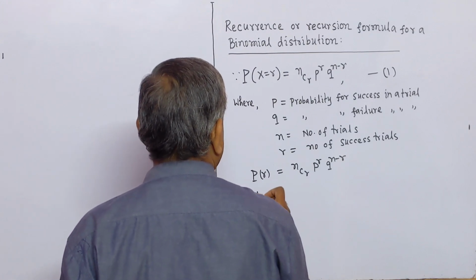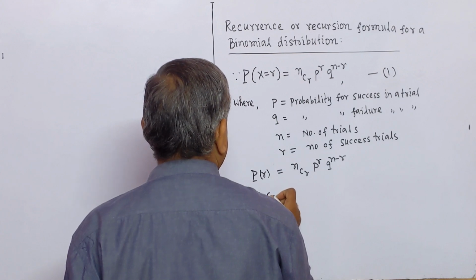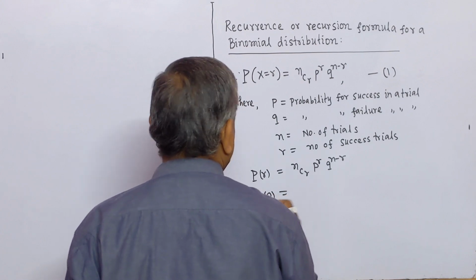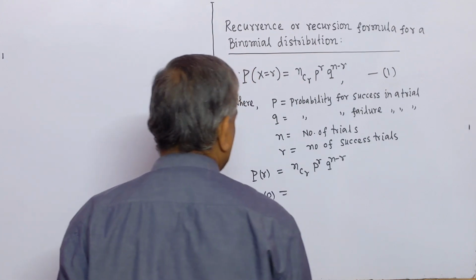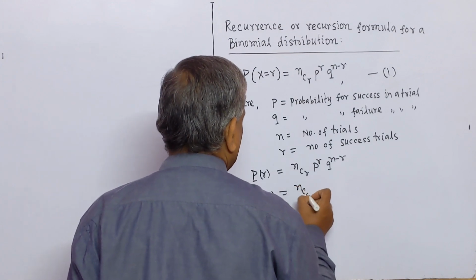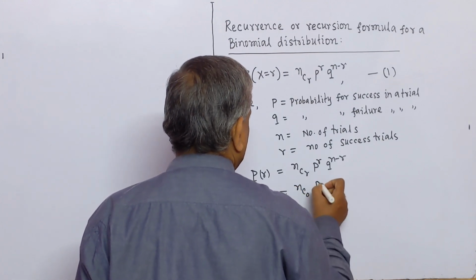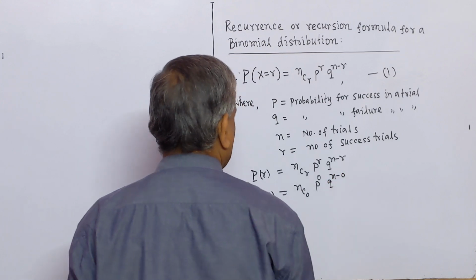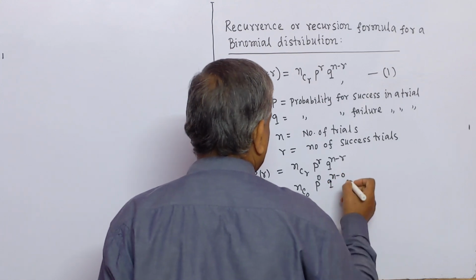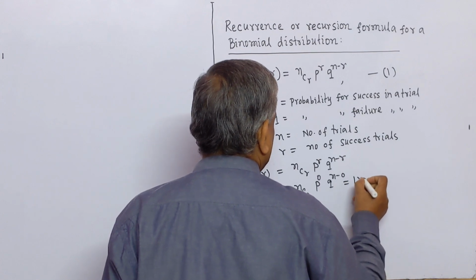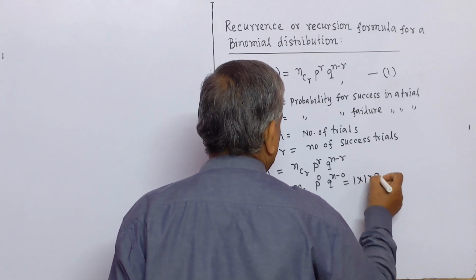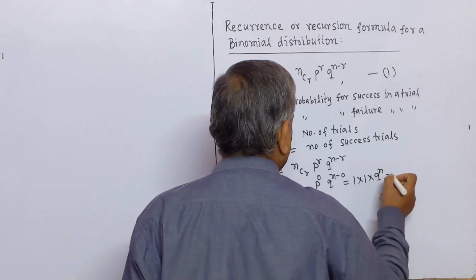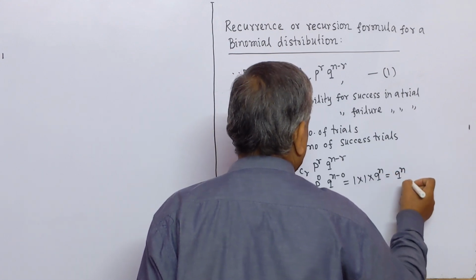Implies that P(0), for random variable X equal to 0, is nC0 p^0 q^(n-0). nC0 is 1, p to the power 0 is 1, q to the power n. And this is q to the power n. This is number 2.